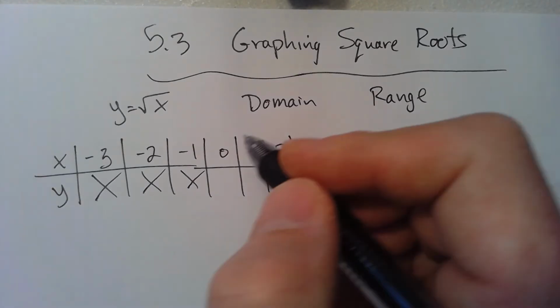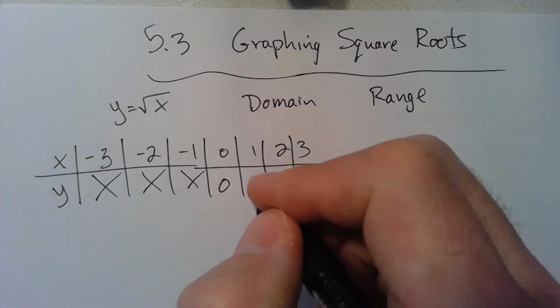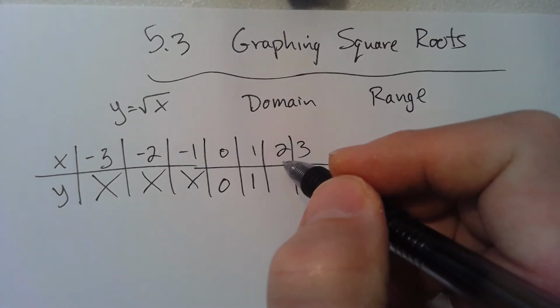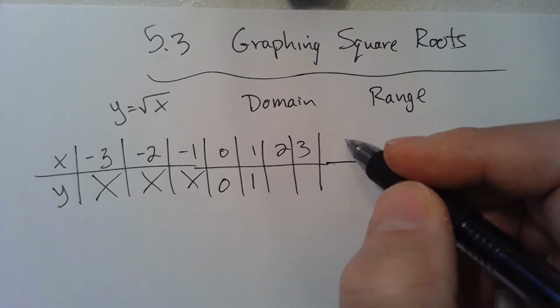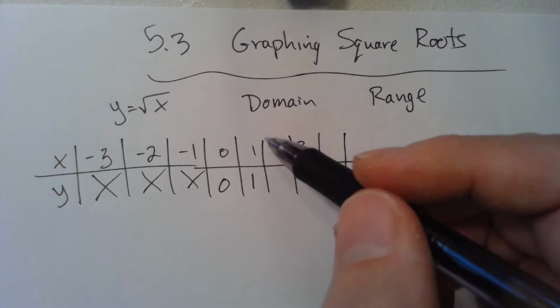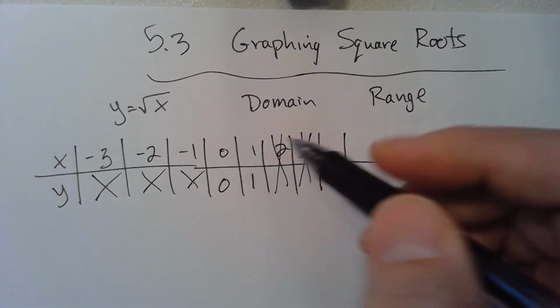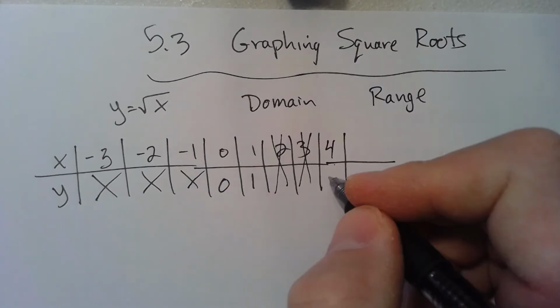The square root of 0 is 0. The square root of 1 is 1. The square root of 2 is some decimal. Square root of 3 is some decimal. So if I'm going to just pick numbers that work out nicely, I'm not going to use 2 and 3. I'm going to go 0, 1, and then the next number that works nicely is the square root of 4. The square root of 4 is 2.